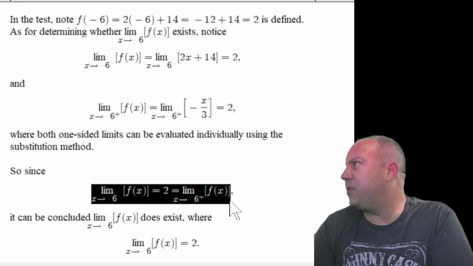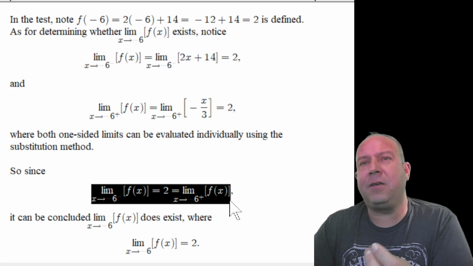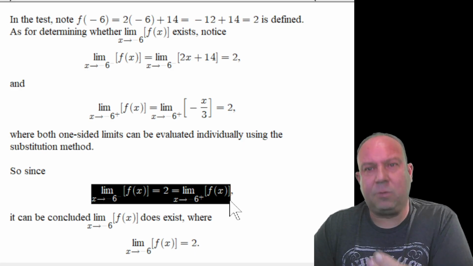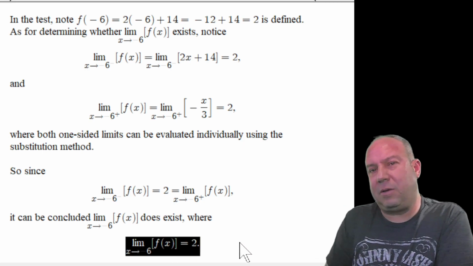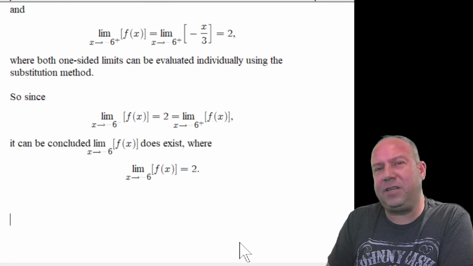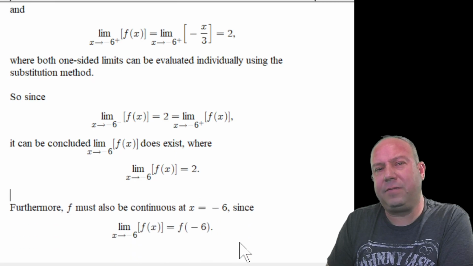This function is actually also continuous at the value of x equal to -6. The limit here is also noted down here at -6. And we can see all of this in the graph.